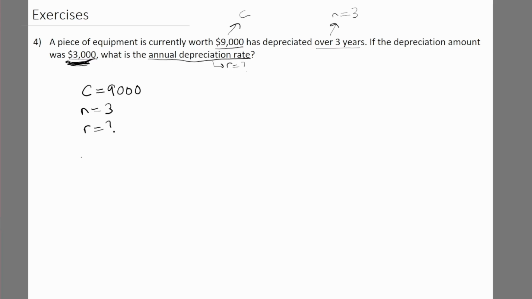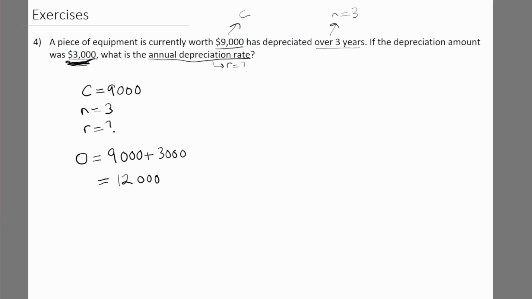We can use this information to find the original value of the equipment. So if the new value is 9,000 and it depreciated by 3,000, the original would be 9,000 plus 3,000. This will give you 12,000.